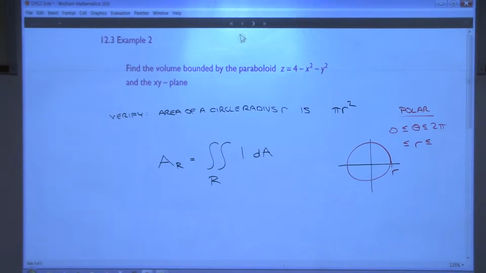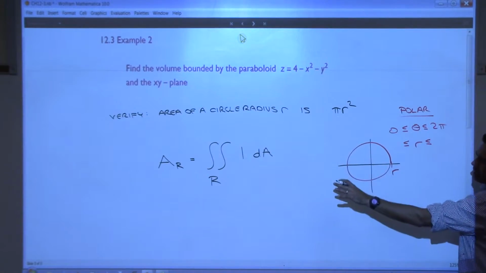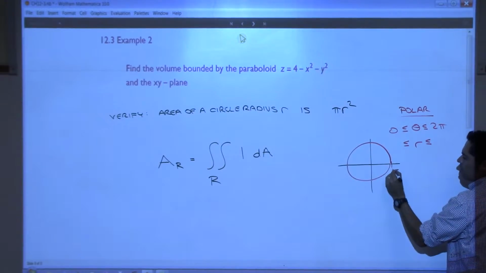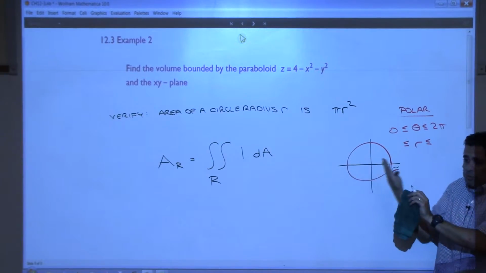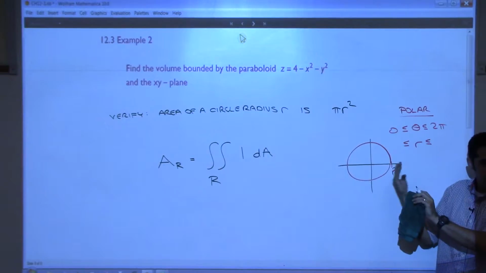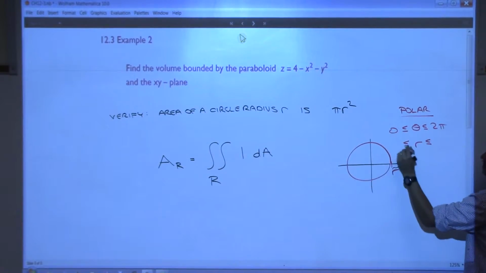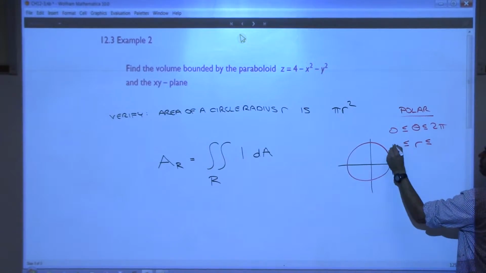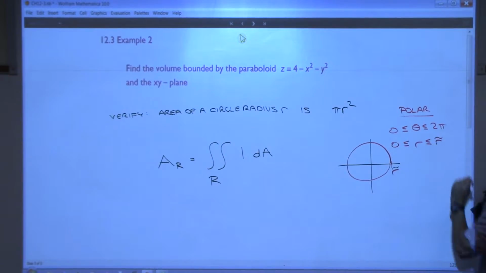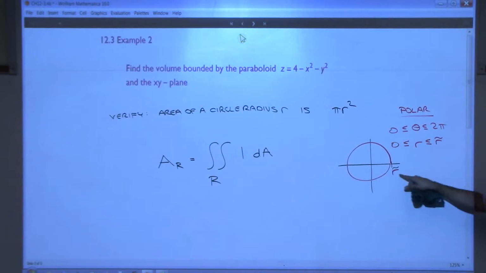Do you see the trouble we have? I've got to use a different R. I don't want to use capital R to confuse it with region. I'm just going to use R tilde, all right? R tilde is a constant. See, our r here is our variable, and we're allowed to move through different radii values. So that r that I'm allowed to move through must be between where and where? 0 and R tilde. Everyone understand R tilde is a constant? I could have called this R naught. I could have called it anything I want. I chose R tilde.